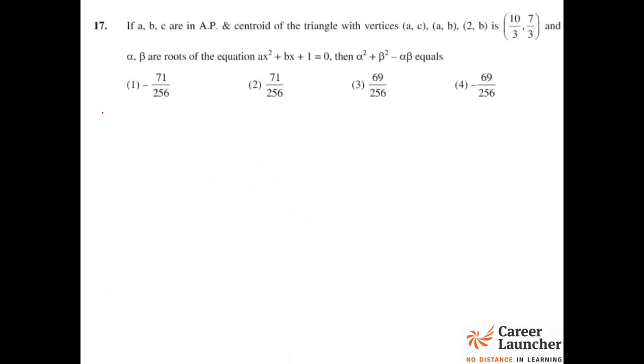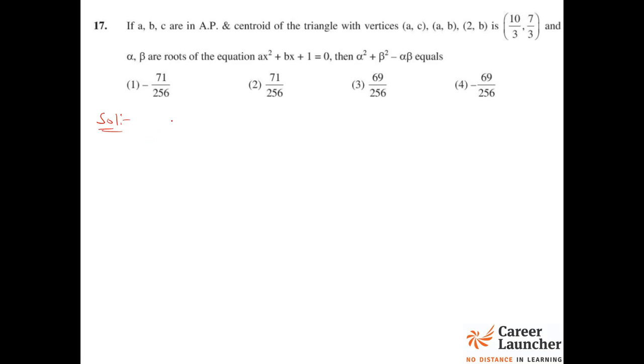Okay. So the next one. If A, B, C are in AP and the centroid of the triangle with the given vertices is given, and alpha and beta are roots of this equation, then we need to find alpha square plus beta square minus alpha beta.